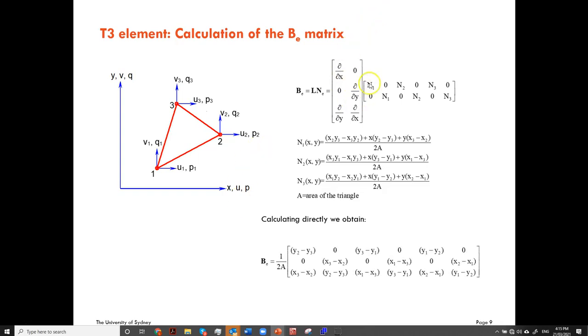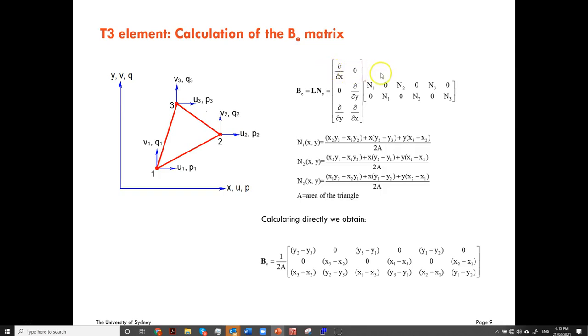So for example, the first component is going to be the derivative of N1 with respect to x, so we have to differentiate N1 with respect to x, and this gives you this term.